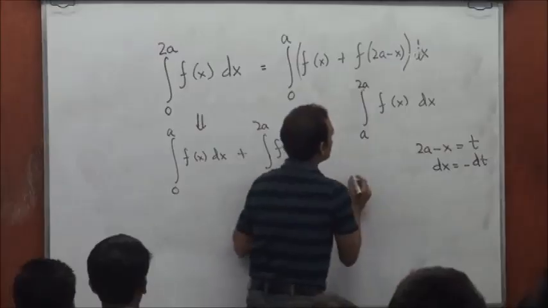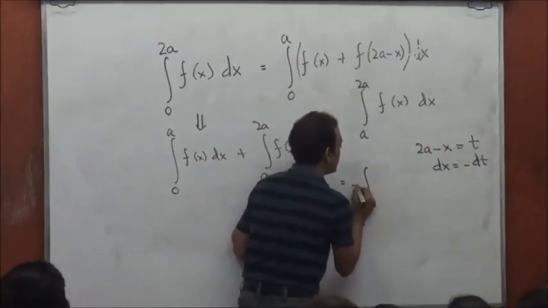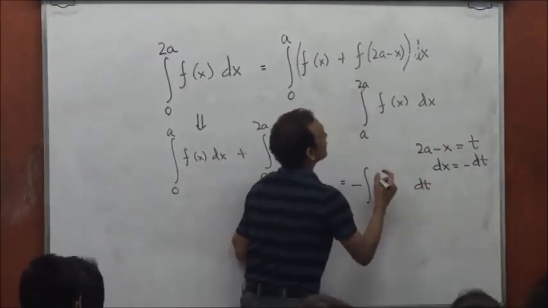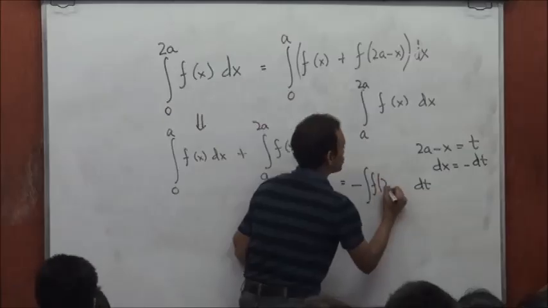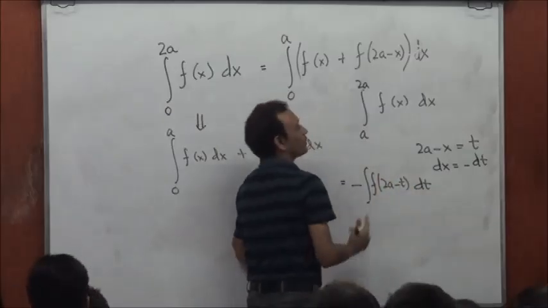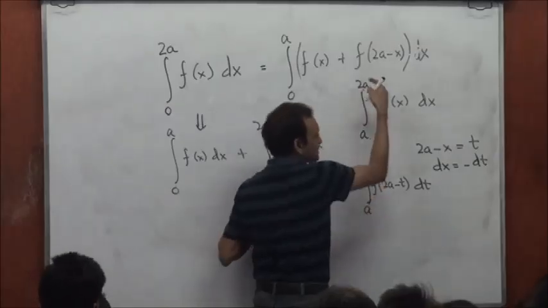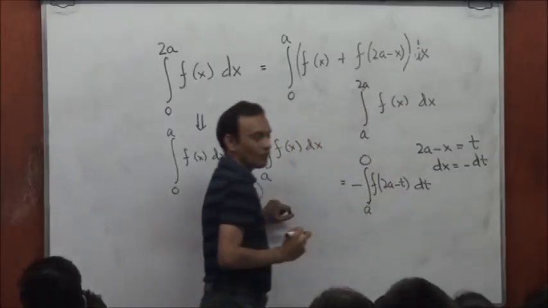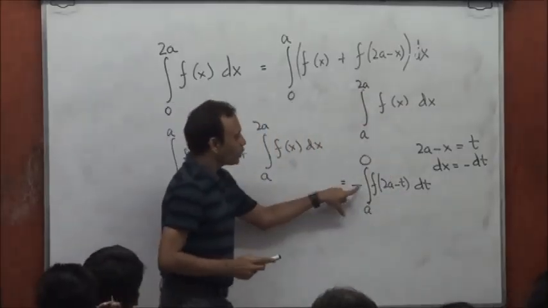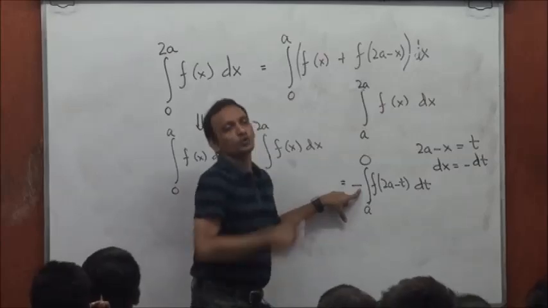This then is dx with a minus dt, f of 2a minus t. When x is a, t is a. When x is 2a, t is 0. Right? What did I use this minus sign for? Swapping the limits.